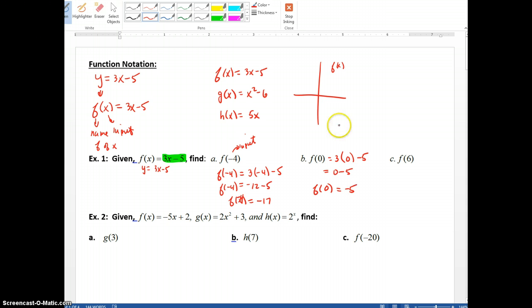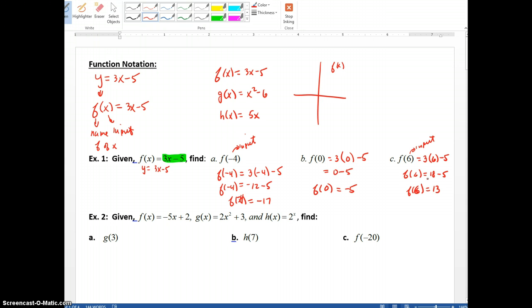Okay, next one. Evaluate f of 6. Now wherever I see an x, I'm going to input 6. So 3 times 6 minus 5 gives us f of 6 equals 18 minus 5. So f of 6 is equal to 13.